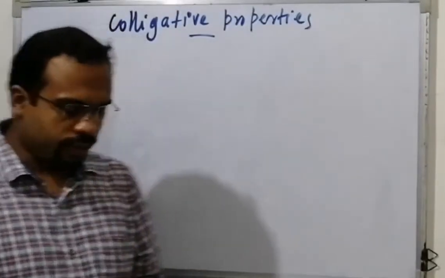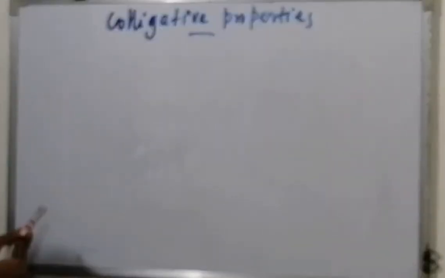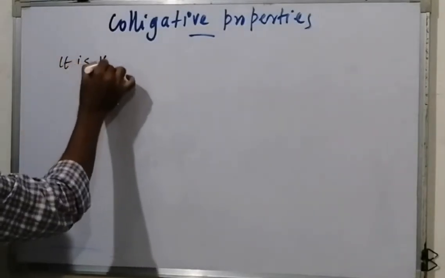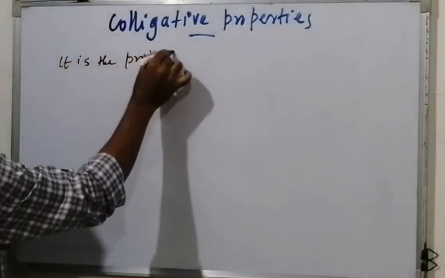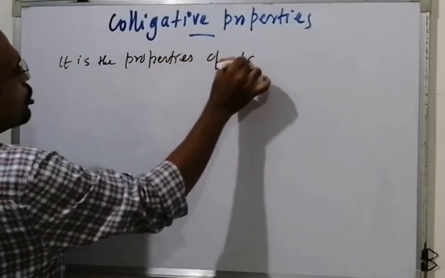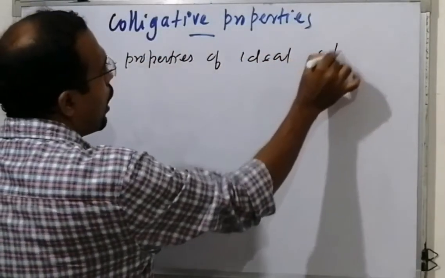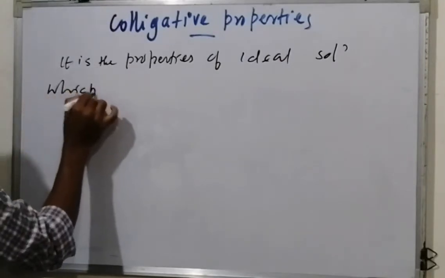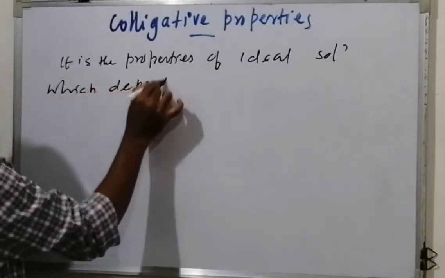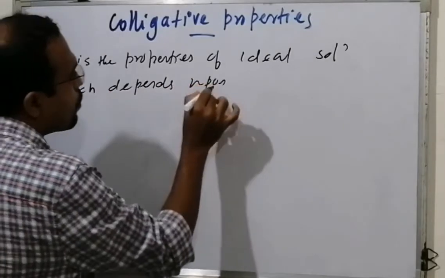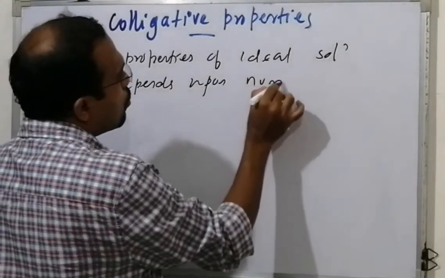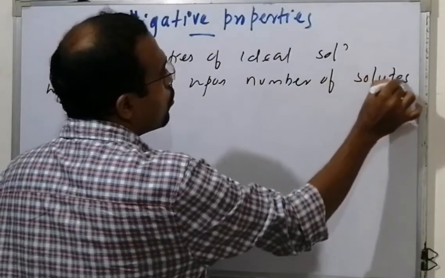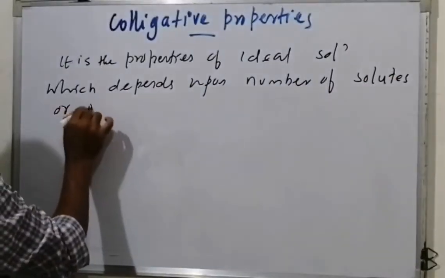There is a definition for colligative properties. It is the properties of an ideal solution which depend upon the number of solutes or moles of solute.